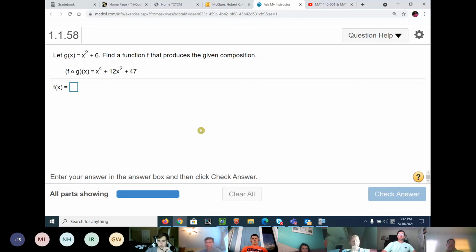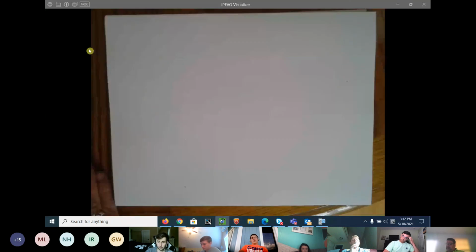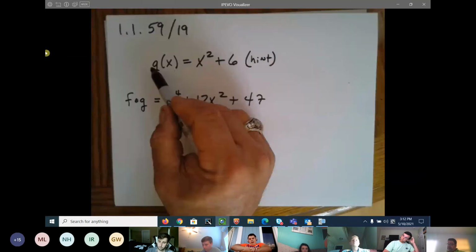Now it says g of x is equal to x squared plus 6. Now they give you that. That's your hint right here. Now, what do you have to do to this? You know you're plugging g of x into something, a big set of parentheses.